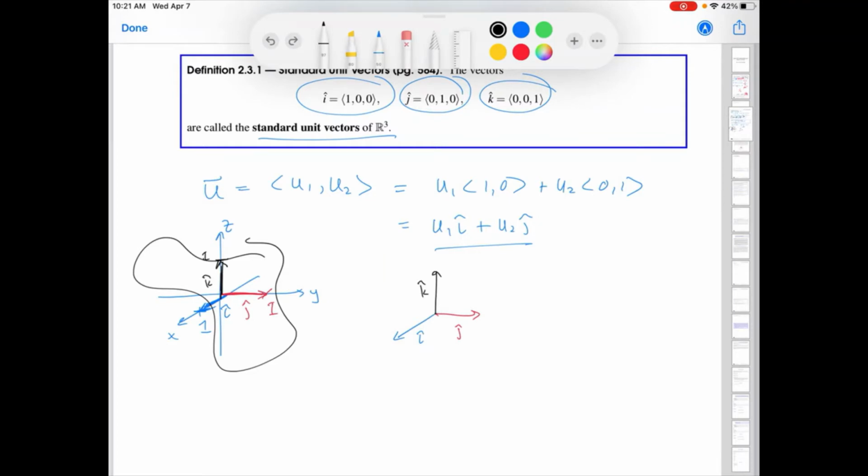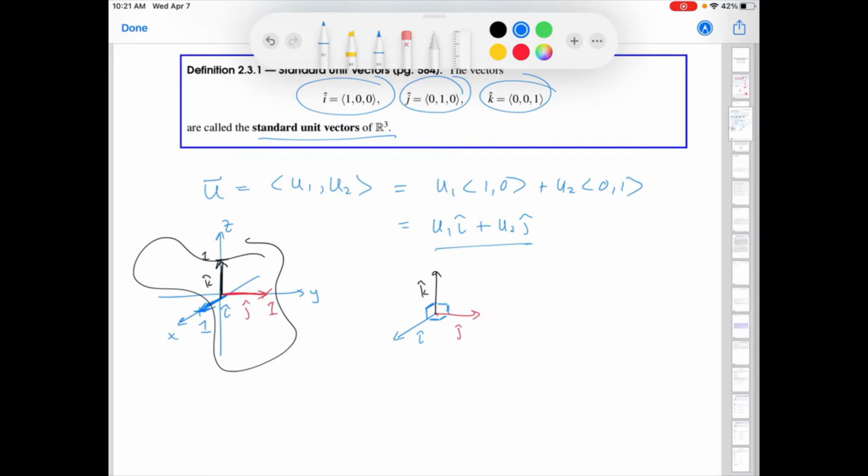Great. So another thing that we notice about these 3 vectors is that they're orthogonal. So that's also interesting. So i and k are orthogonal, j and k are orthogonal, and i and j are orthogonal. And that begs the question, how do we capture this orthogonality mathematically?